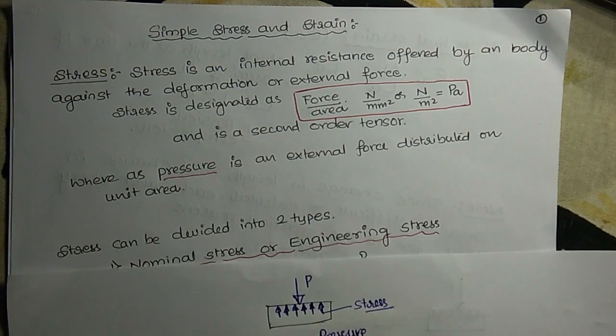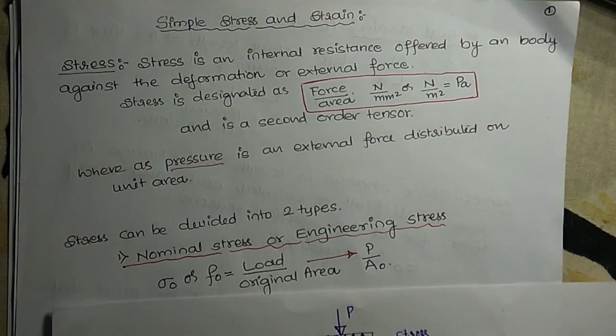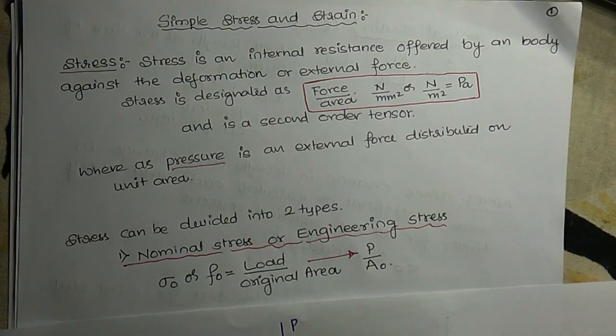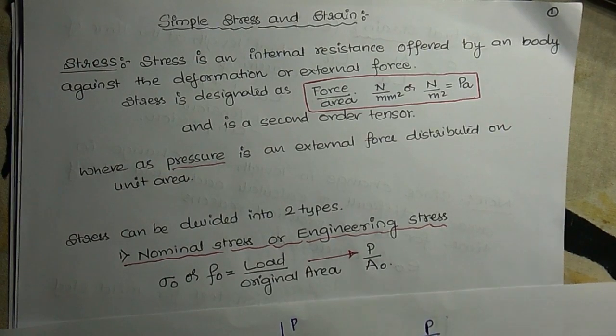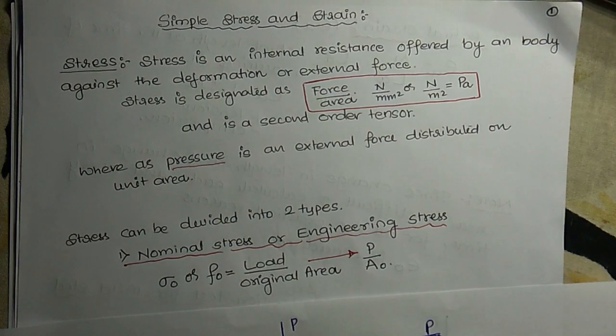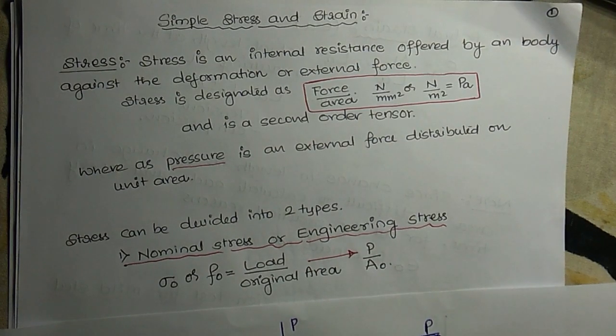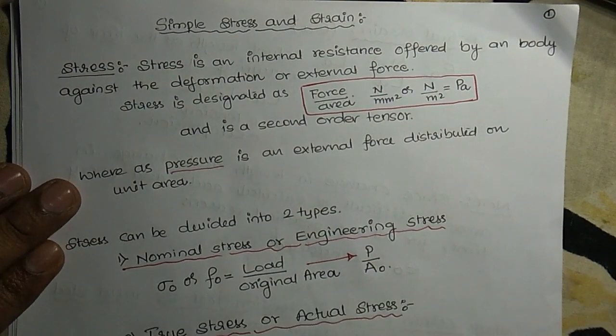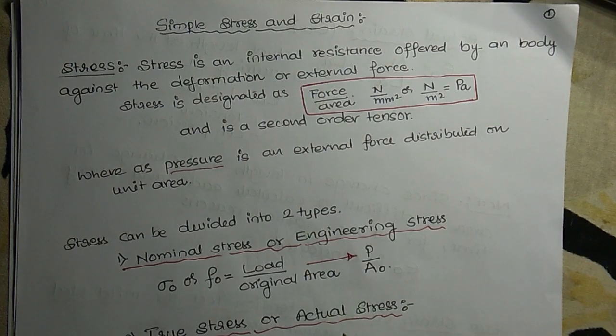Coming to the different types of stresses, normally when we say stress, it is force divided by area. Here the main thing you should note is the area. If you consider the actual area for the calculation, then it becomes the true stress or actual stress.